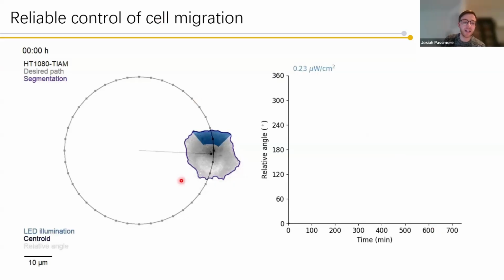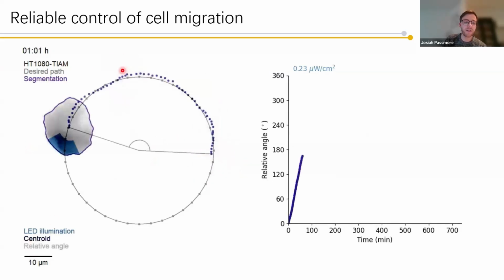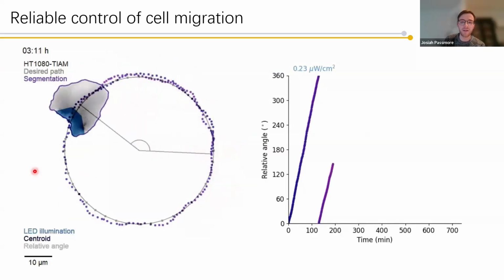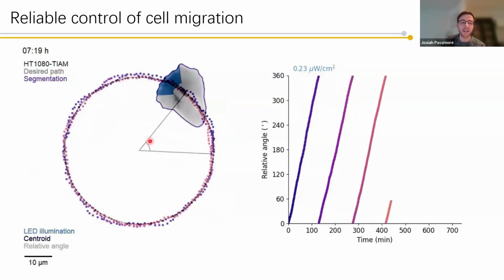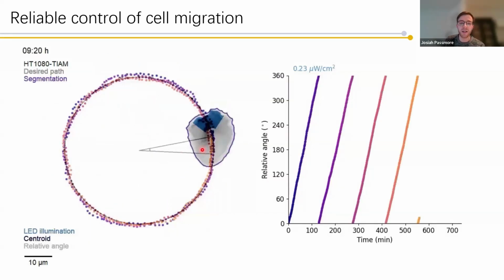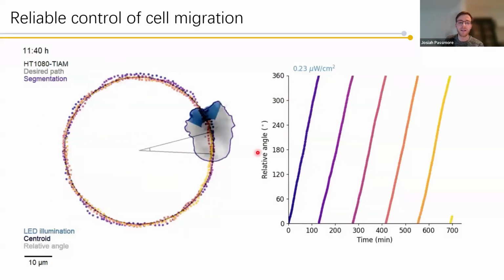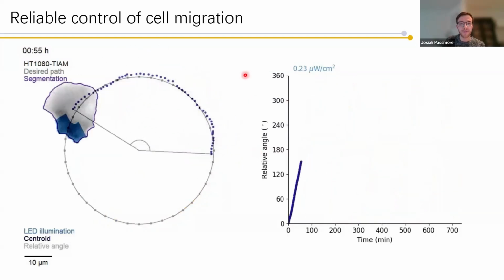So here I am guiding a HT1080 cell around a circular path. You can see each checkpoint here. You can see in blue the area of illumination and in purple the segmentation. And I will also track the centroid of the cell. And you can see that we very nicely are able to guide our cell around these specific paths. If we also plot the angle of the cell in relation to the starting point, you can see that we are really consistent in our level of control.